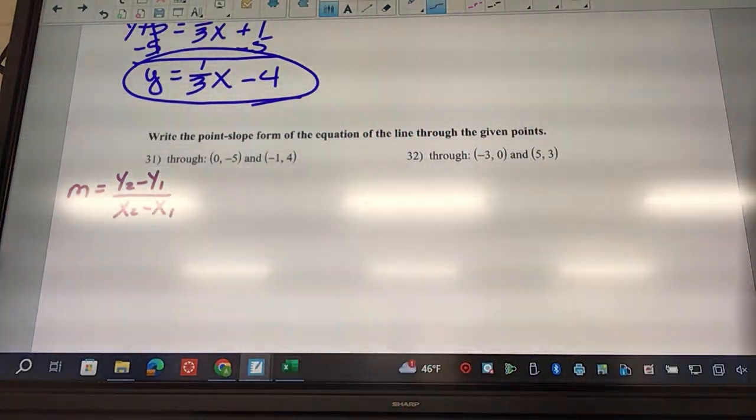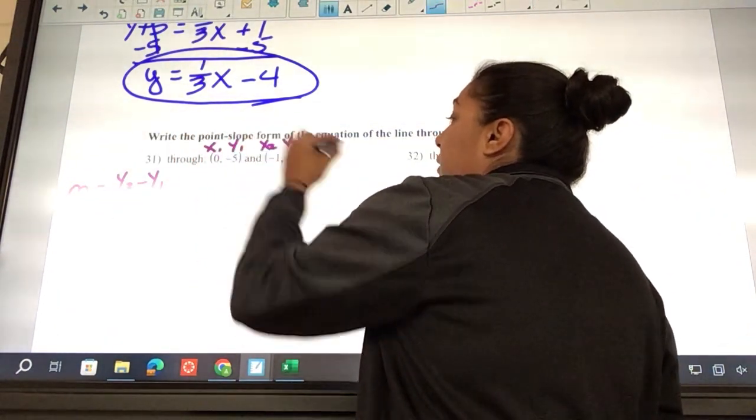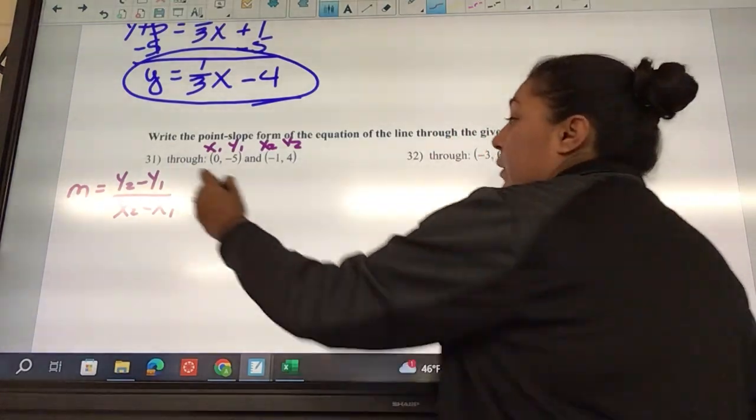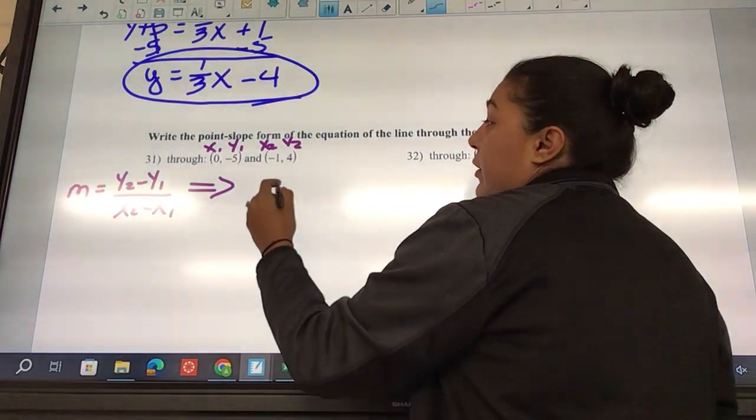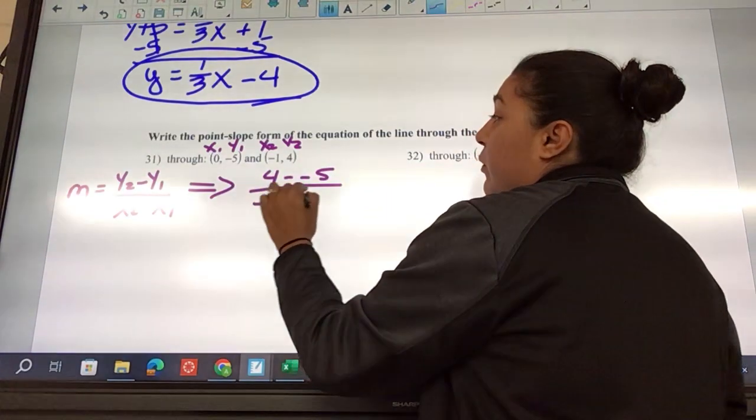And so we can go ahead and label x1, y1, x2, y2. So you're going to get 4 minus negative 5 over negative 1 minus 0.